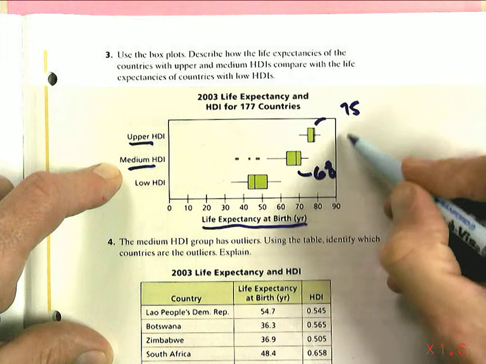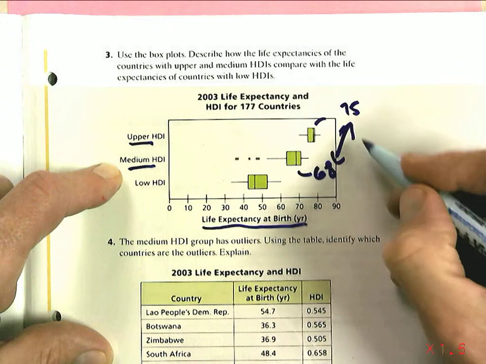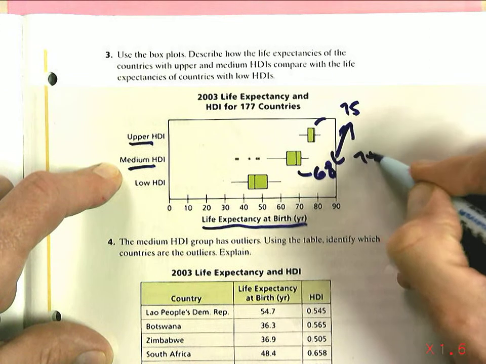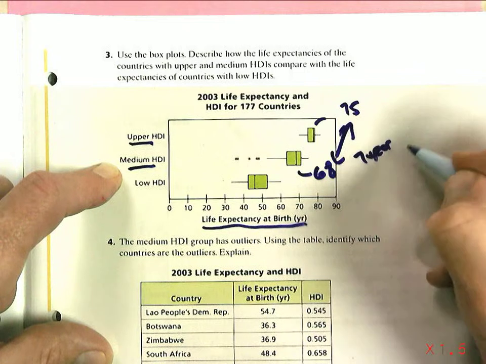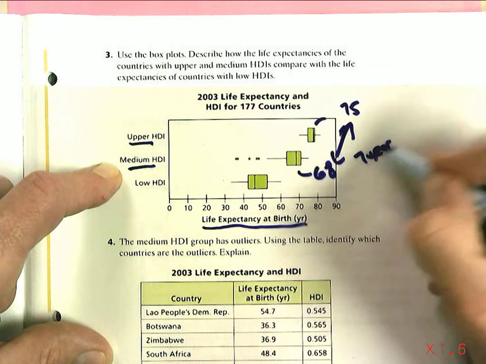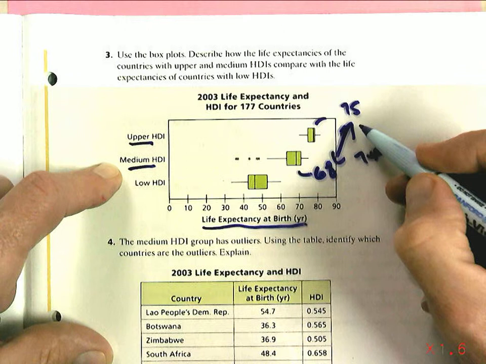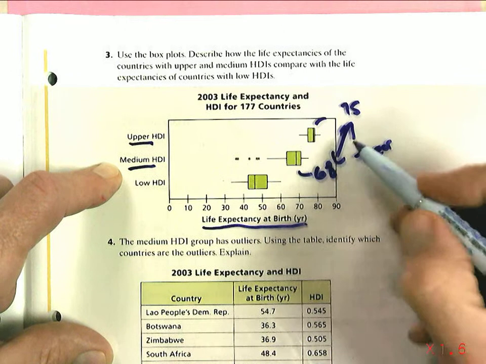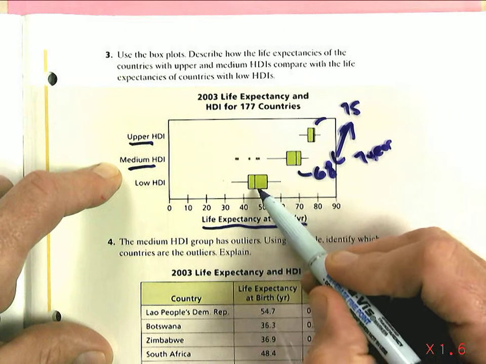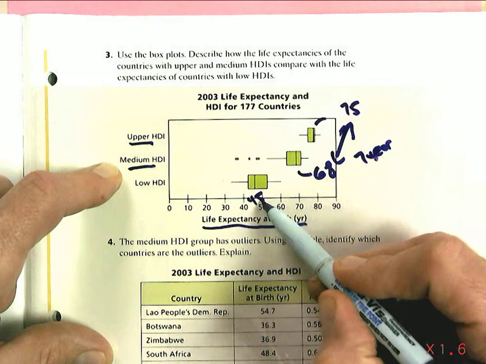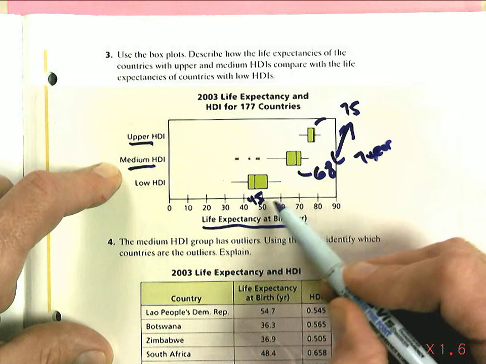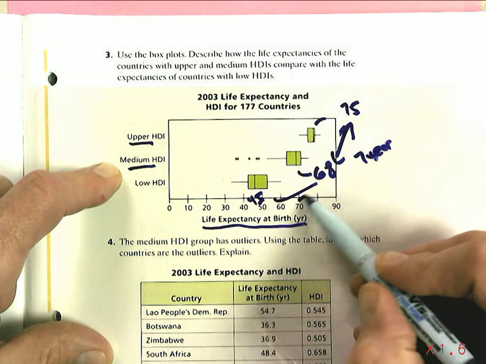So there's really about a 7-year difference, or 7 years less in this group. So that's our difference between those two. And if you want to compare that further down to this group who's around 45 years, now you're talking about a 22-year difference.